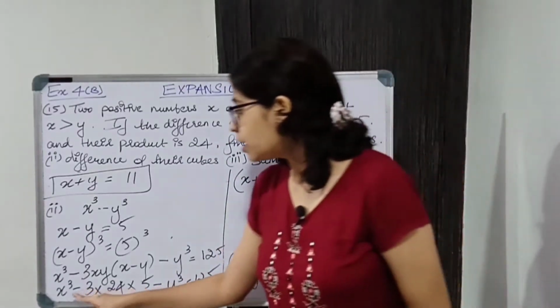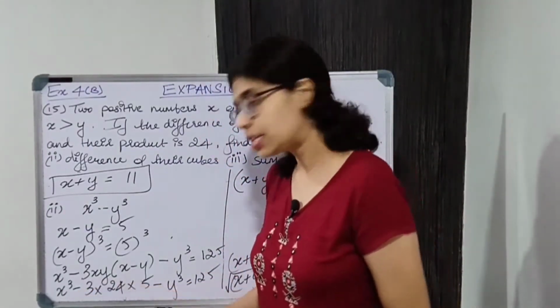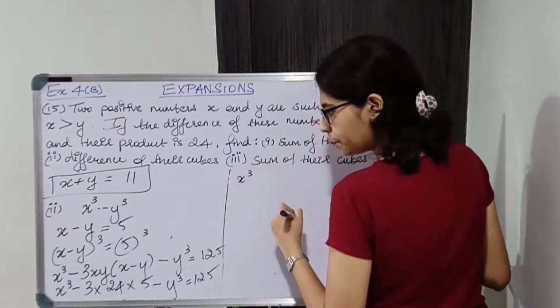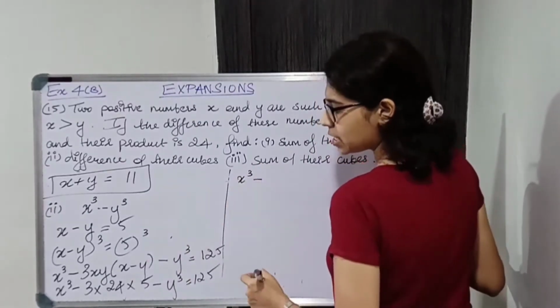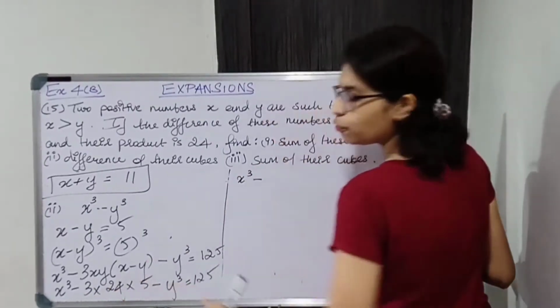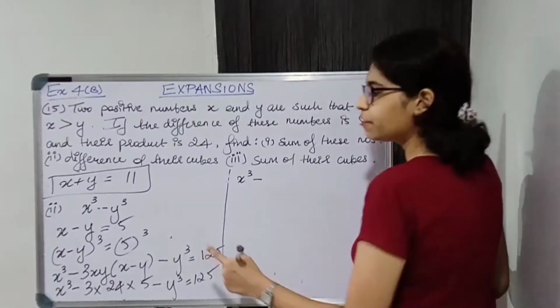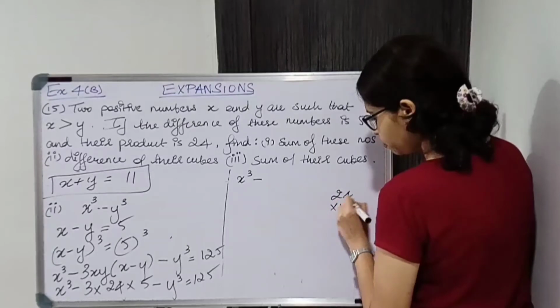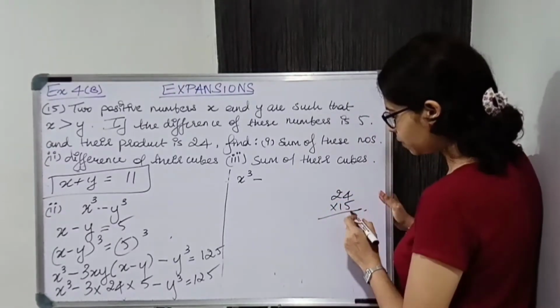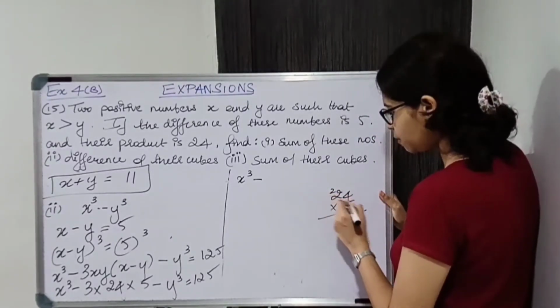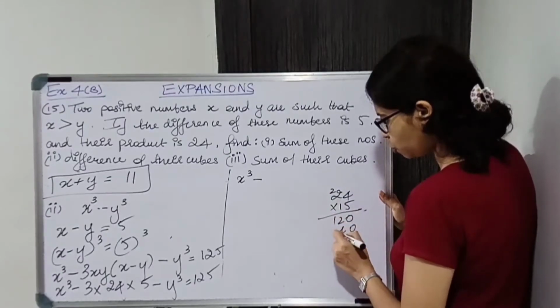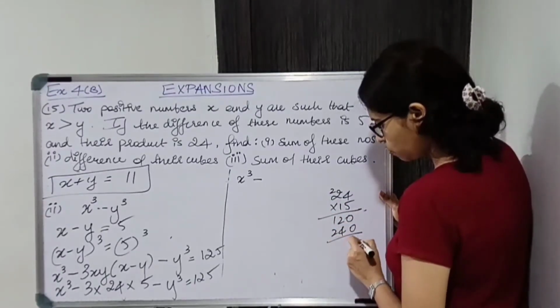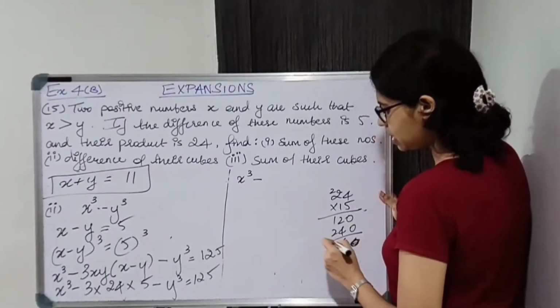Okay, now let us multiply these numbers. So x cube minus 3 into 24 into 5. Okay, so 3 fives are 15, 15 into 24, so 24 into 15, that will give 5 fours are 20, 5 twos are 10, 11, 12, 0, 4 and 2, so 0, 6, 360.